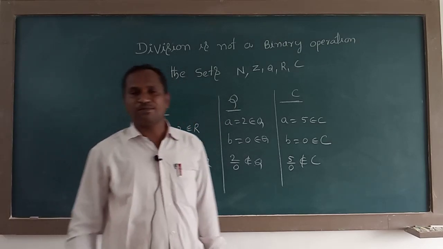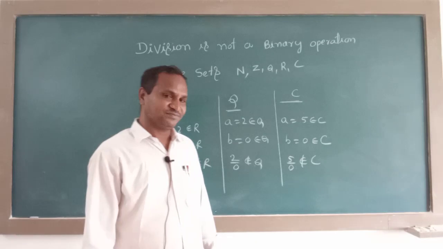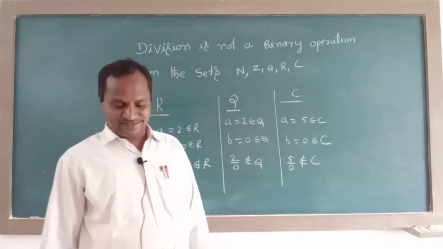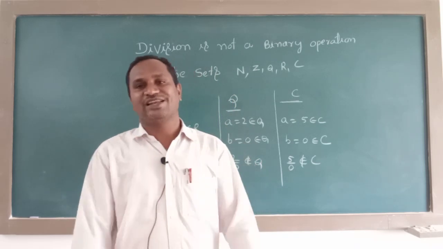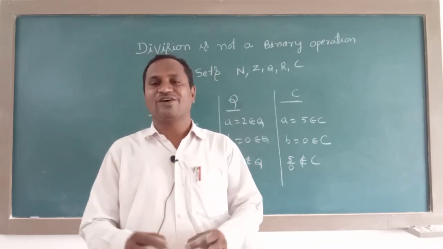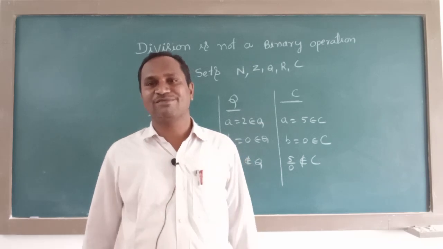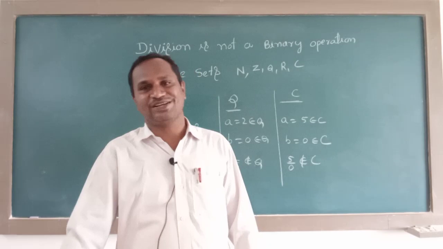But in which case does division form a binary operation? In the case of the set of all non-zero real numbers, the set of all non-zero rational numbers, and the set of all non-zero complex numbers. In all these three sets, division is a binary operation.